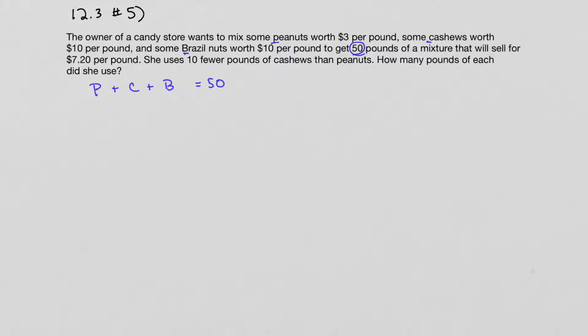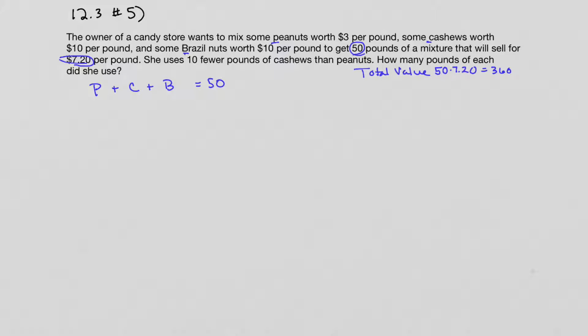Now we have to figure out the value of all of these. So altogether, these 50 pounds are going to sell for $7.20 a pound. So the total value is going to be 50 pounds times $7.20. So 50 pounds times $7.20 gives $360.